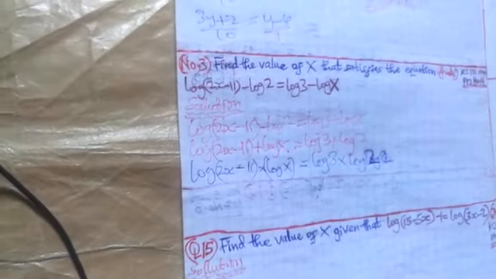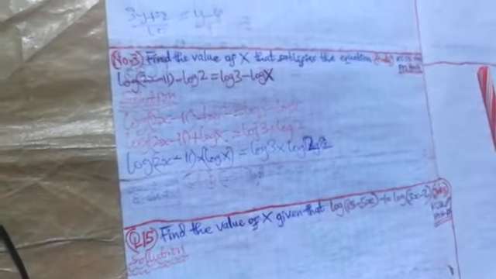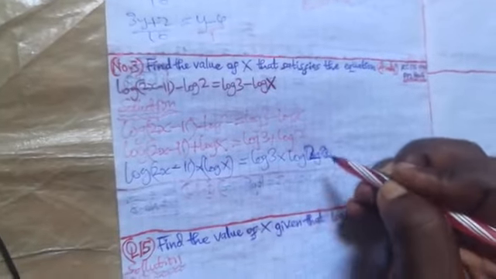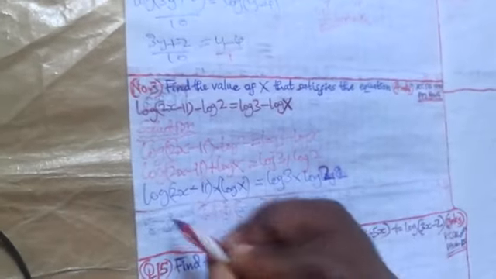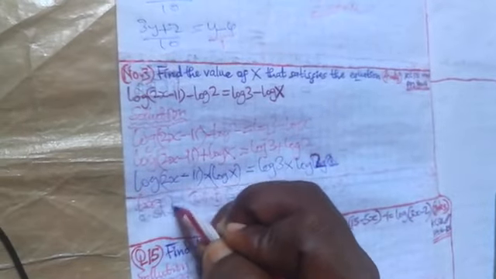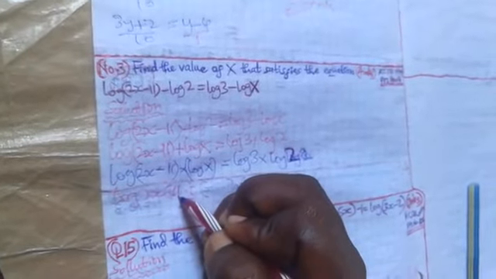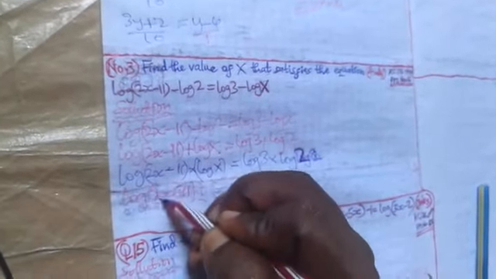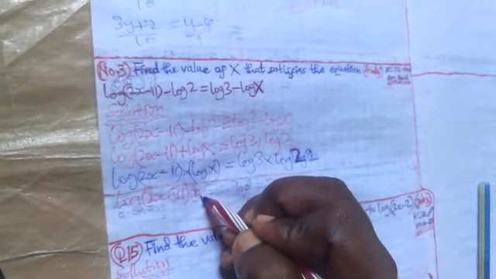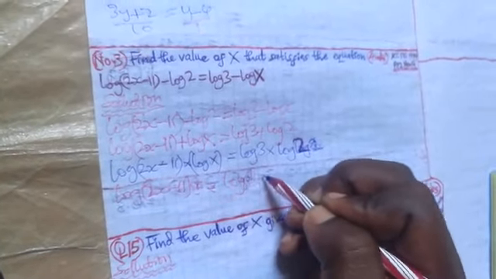Third, we take a single log from each side. Hence, by taking a single log on both sides, we say log of 2x minus 11 times x is equal to log 3 times 2.